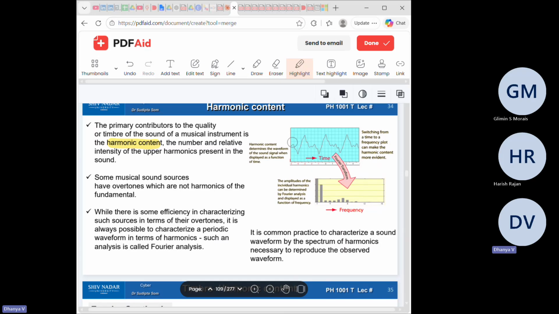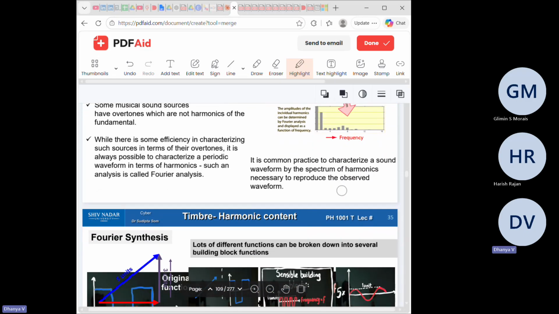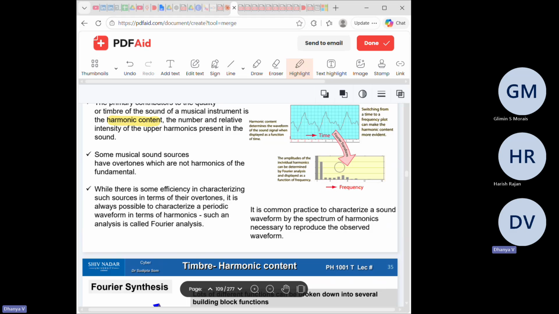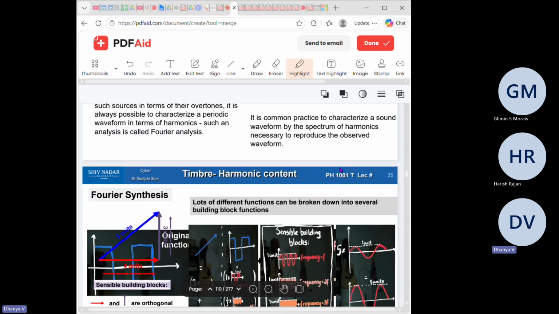When the same harmonic content is made into a frequency plot, this is essentially a Fourier transform. The Fourier transform is a concept used in anything and everything in physics.